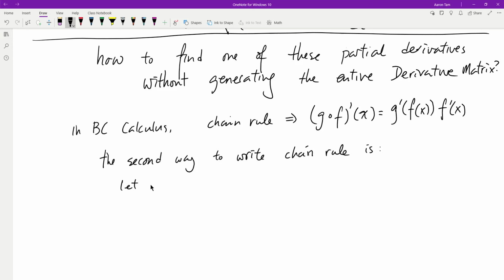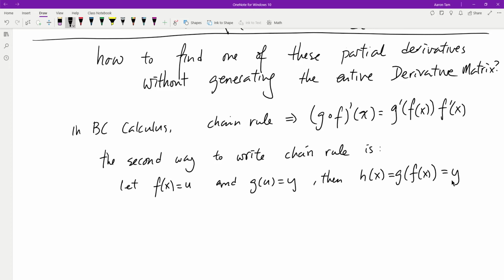We're going to let f of x equal to u and g of u equal to y. Then the composition h of x would equal g of f of x, which is equal to y. So therefore, h directly relates x and y together. So therefore, I can now define h prime of x would equal, technically speaking, dy over dx.